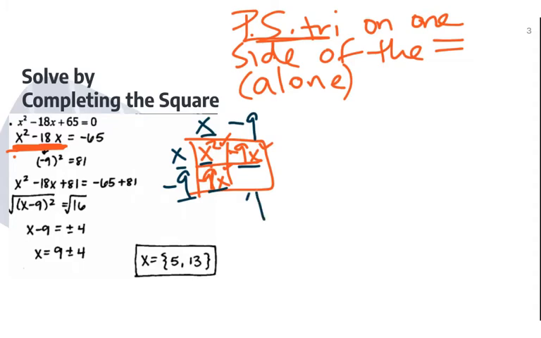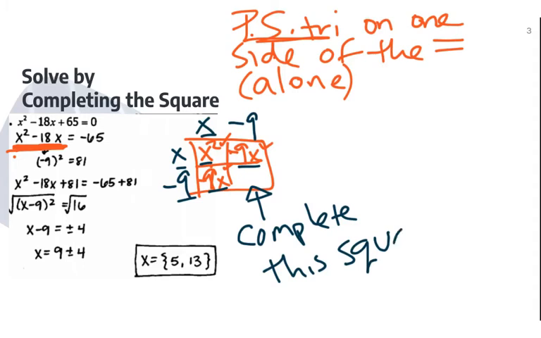So now, what do we need to complete this square? Okay, hopefully you have it. Negative 9 times negative 9 is a positive 81. If you notice, they have that here, right? A positive 81. So now I have a perfect square trinomial.